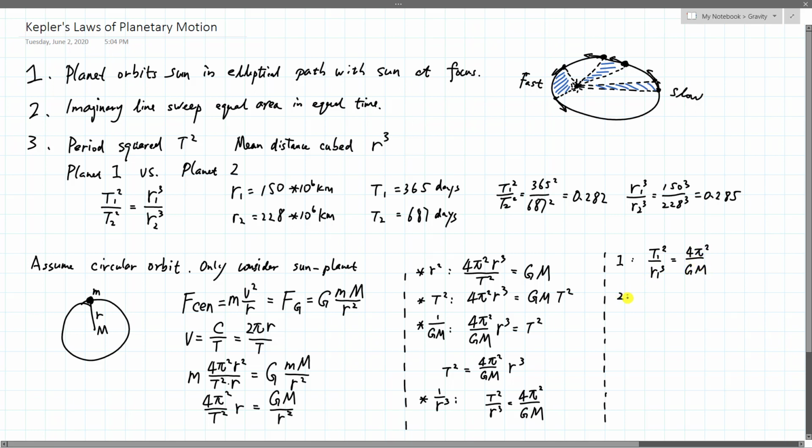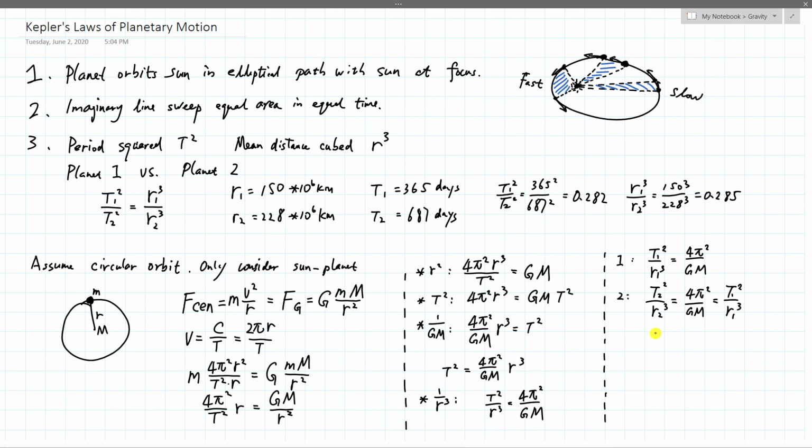And for planet 2, I have a different period, t2 squared over r2 cubed, a different distance, but that is still supposed to be equal to 4 pi squared over gm, which means this period squared over radius cubed is equal to the other planet's period squared over its radius cubed. So that's how I can prove the third law. Basically, not exactly proving, but proving it works in a circular orbit. Try to prove it with an elliptical orbit. It works. It's just more difficult to do.